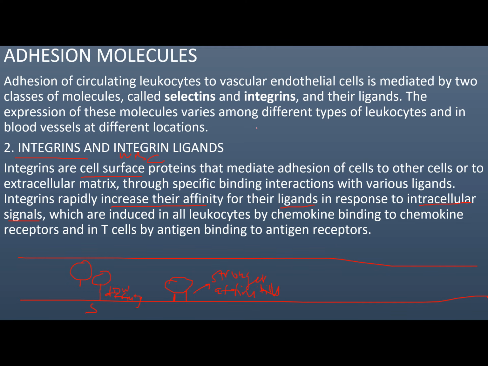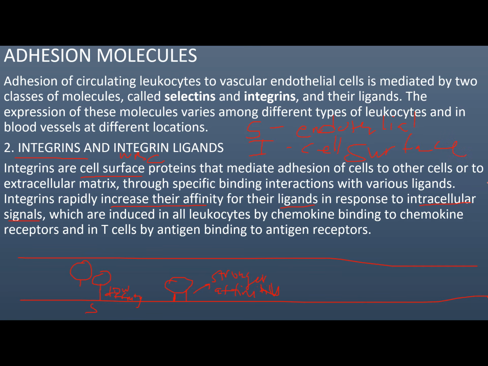Just to give you another reminder: whenever we talk about selectins, they are usually found on the endothelial surface. But your integrins are found on the cell surface, or the WBC surface.